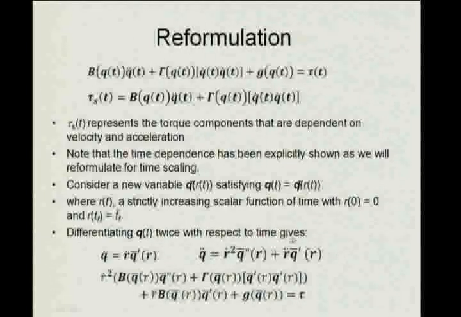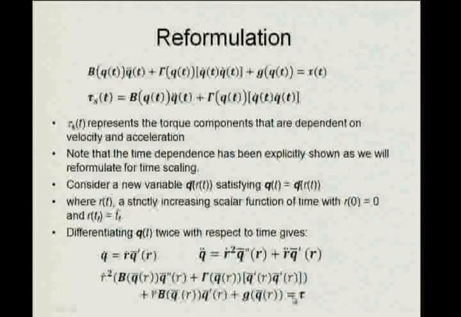Once I have this, the rest is first year mathematics. So you write q dot is equal to r dot q prime of r, where prime denotes derivative with respect to r. Obviously, q double dot is r dot squared q double prime of r plus r double dot q prime of r. Plug it back in, you get r dot squared out here, and this tau q plus r double dot b q r.